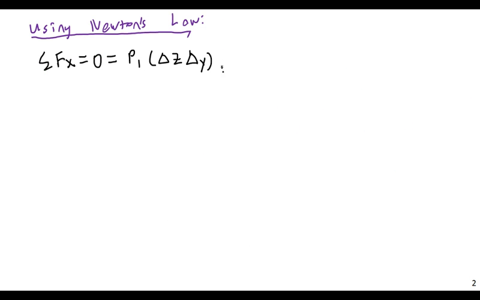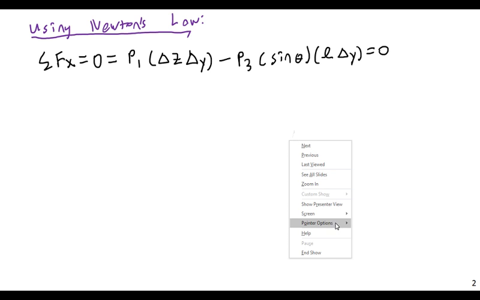And then minus P3, oh, that's a beta, P3 times sine of theta, which gives me the component of this pressure in the x direction, and then I need to multiply by the appropriate area, which is L delta y, equals 0.